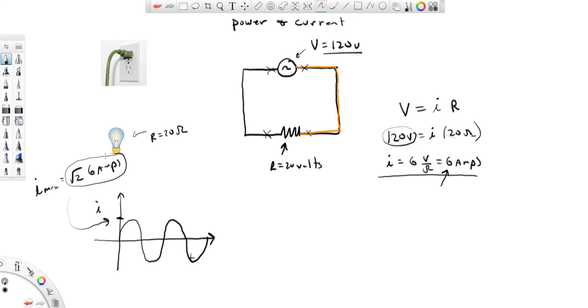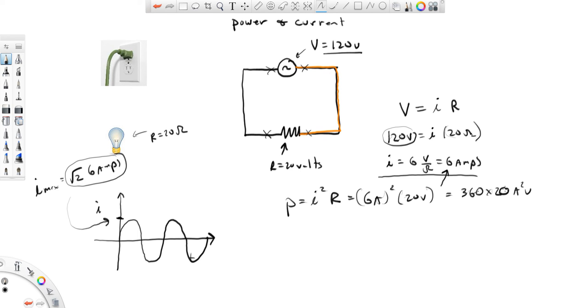Now to find the power, there are a couple of ways we can do it. Power is equal to current squared times resistance. So we can take our RMS current, 6 amps, squared, times 20 ohms. And we get 36 times 20, and the units will work out to amps squared ohms, which works out to watts.